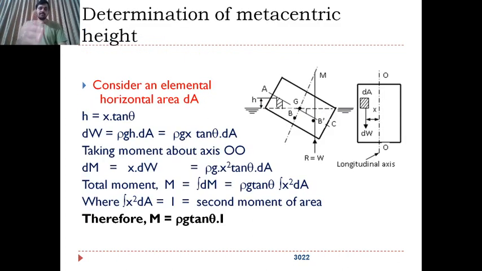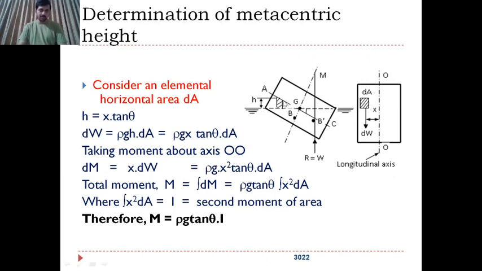So this is the experimental procedure of finding out the metacentric height. You don't need to study this derivation. You just need to know the final expression of metacentric height. If you are interested in the derivation, please go through that.